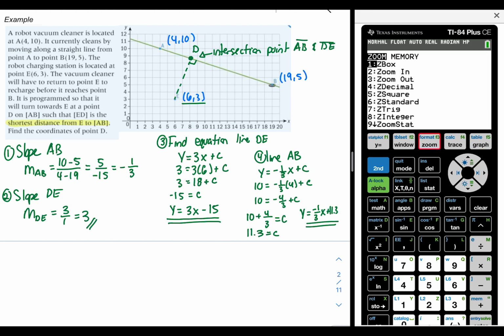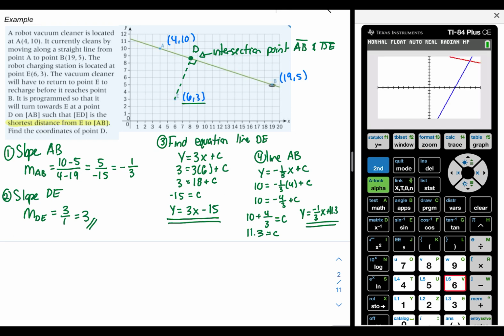Now my window is just at a standard window, so when you click on zoom 6, this was the window that I had. In order to find the intersection point, press second function trace, and the fifth option is intersect. It asks us what is the first curve. I say yes to that. Second curve, it is the red one. And then yes, I just click enter as well because there's only one point of intersection.